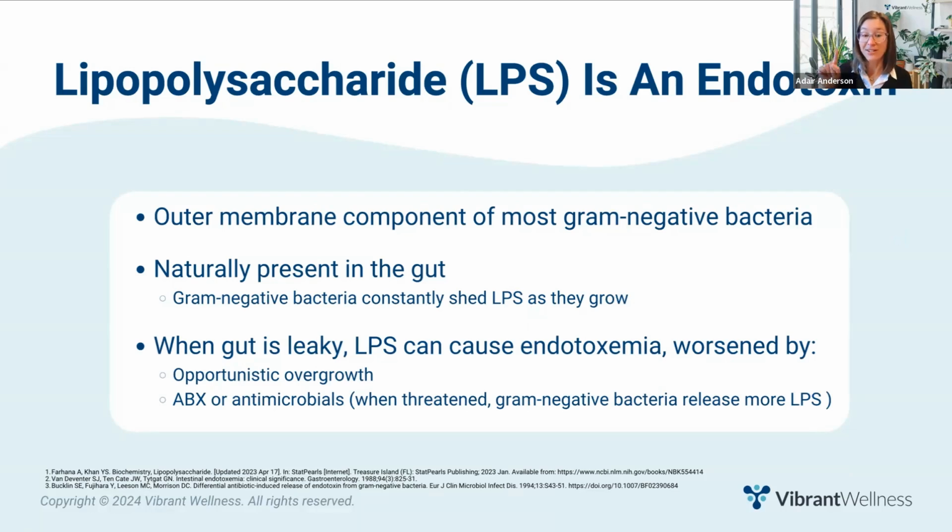One is opportunistic overgrowth of the LPS-producing bacteria, so higher LPS load. And number 2, treatment with antibiotics or antimicrobials, since gram-negative bacteria release more LPS when they die. In fact, when gram-negative overgrowth occurs outside of the GI tract, LPS is a major contributing factor in sepsis.